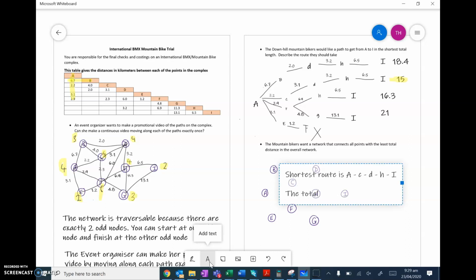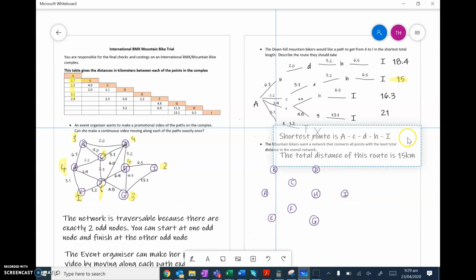The total distance of this route is 15 kilometers. You must remember to include your units.